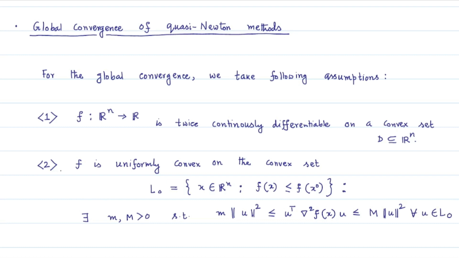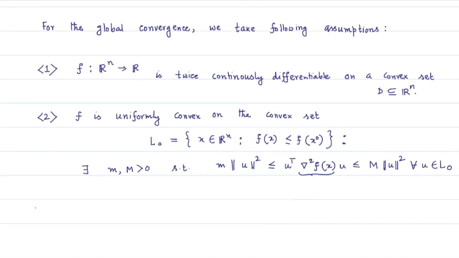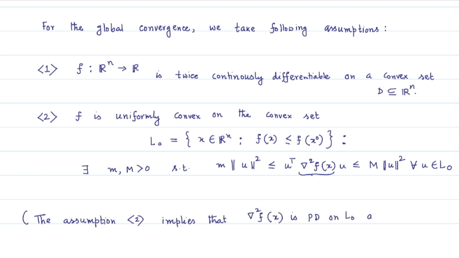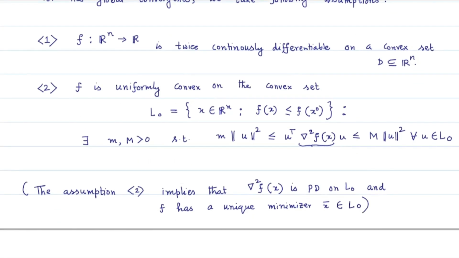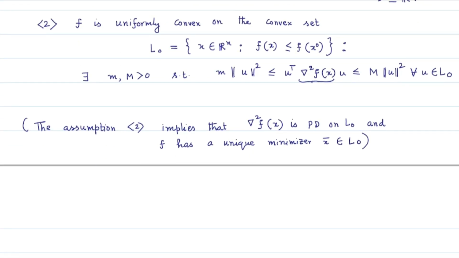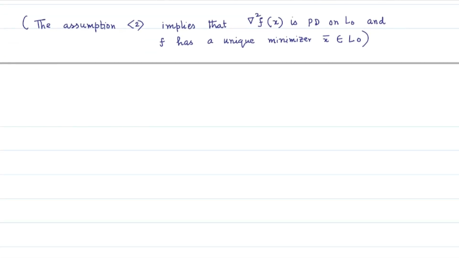This assumption, the assumption 2, implies that the Hessian matrix is positive definite on L naught, and the function f has a unique minimizer, say x bar, in L naught. Under these two assumptions, the assumption 1 and 2, the quasi-Newton methods with exact line search or Wolfe-Powell inexact line search converge to x bar globally.